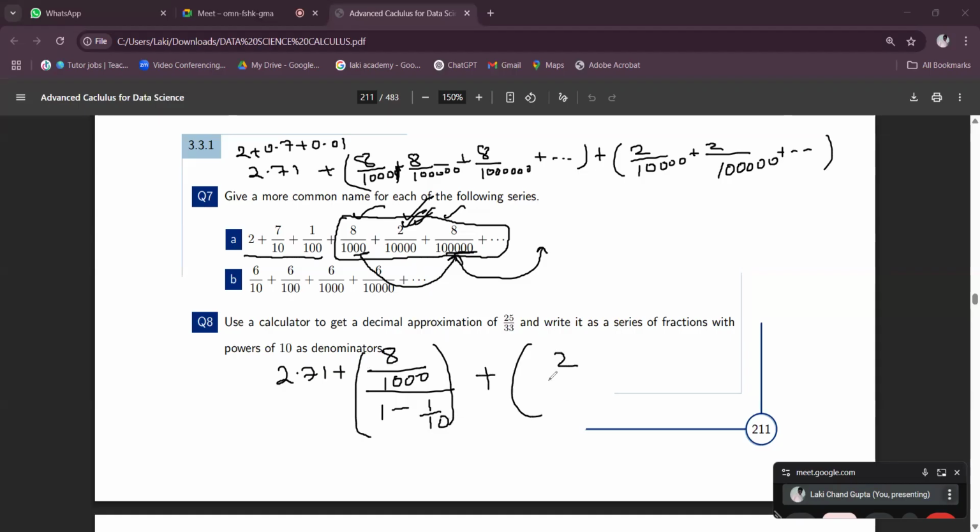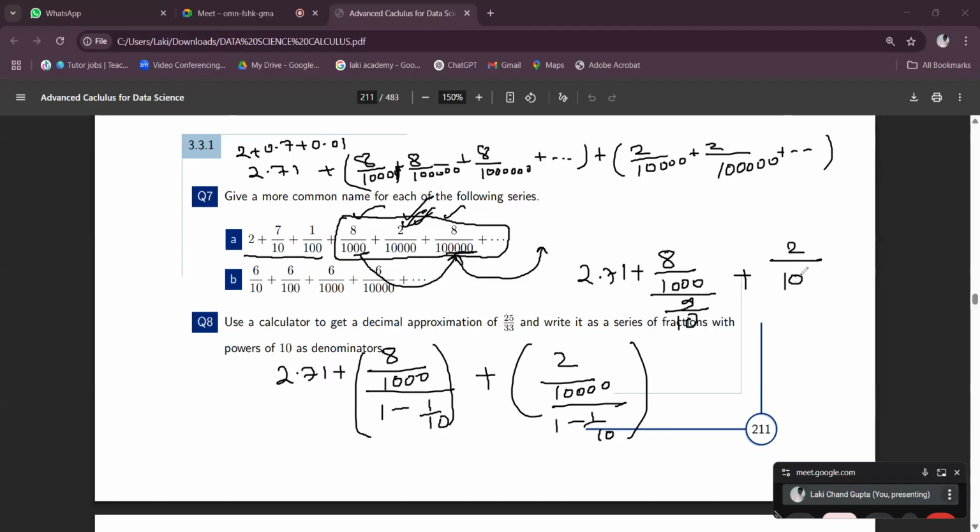Plus, okay, 8 upon 1000, 9 upon 10, plus 2 upon 10,000, 9 upon 10, right? 10 times 0.